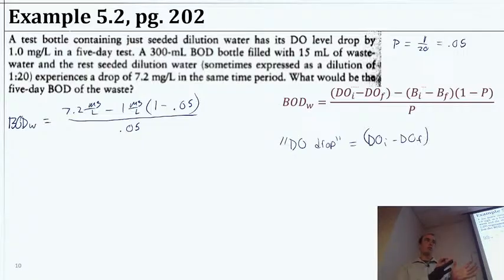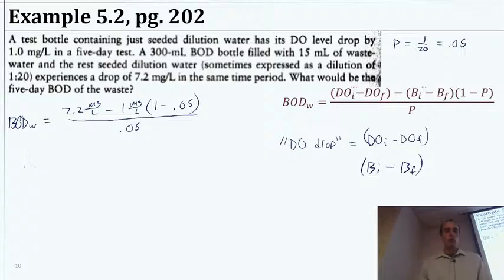So we have some initial measurement and some final measurement, and we have some drop in between those two time points, and that is the DO drop. So in the mixture case, that's DOI minus DO final, or in the dilution case, BI minus B final. So those are where we would get the numbers, and we could put in then 7.2 minus 1 times 1 minus 0.95, all that divided by 0.05.